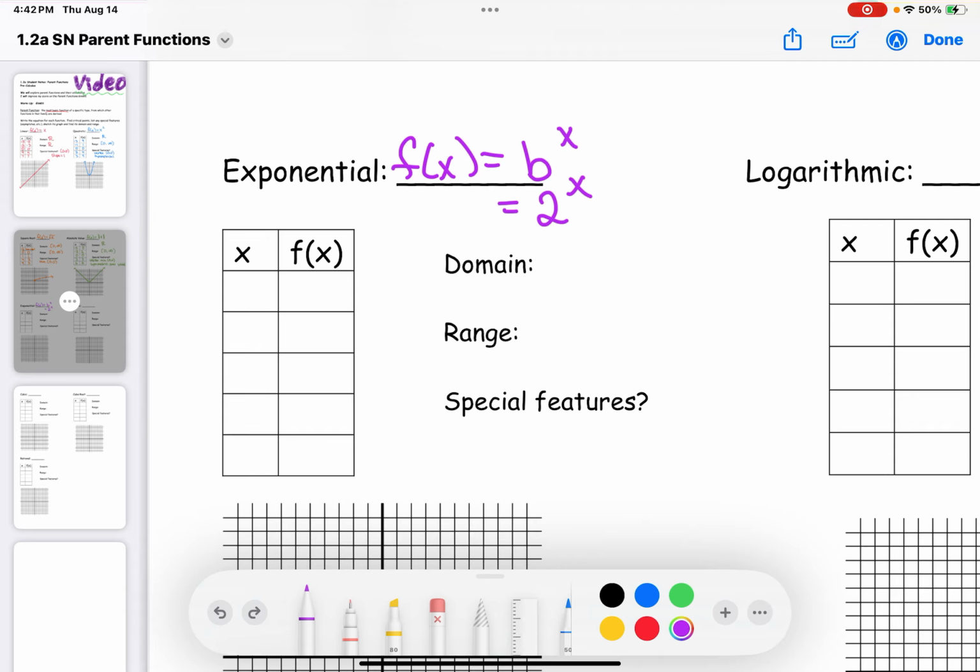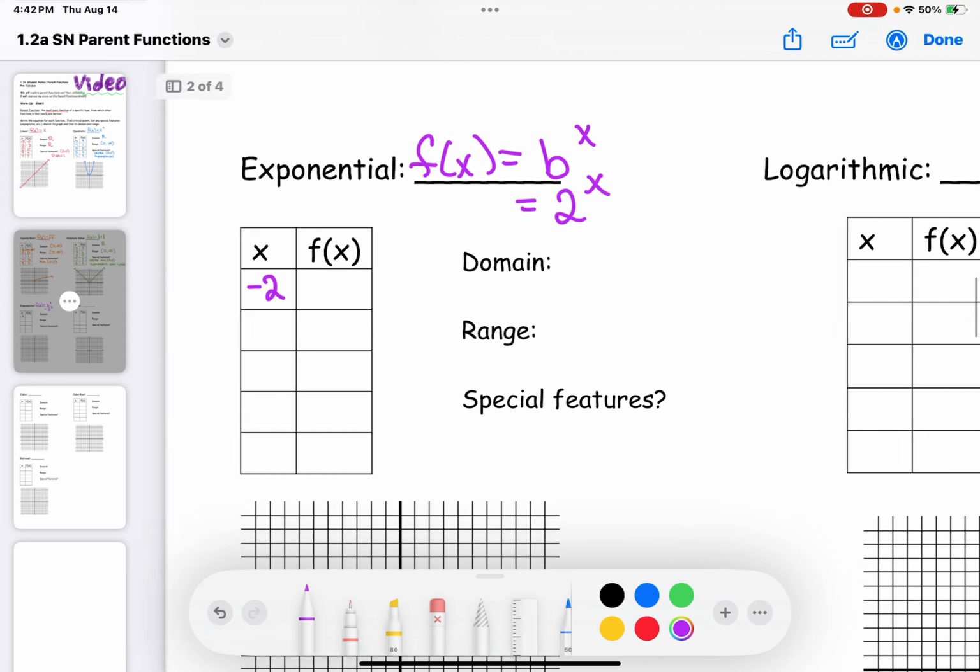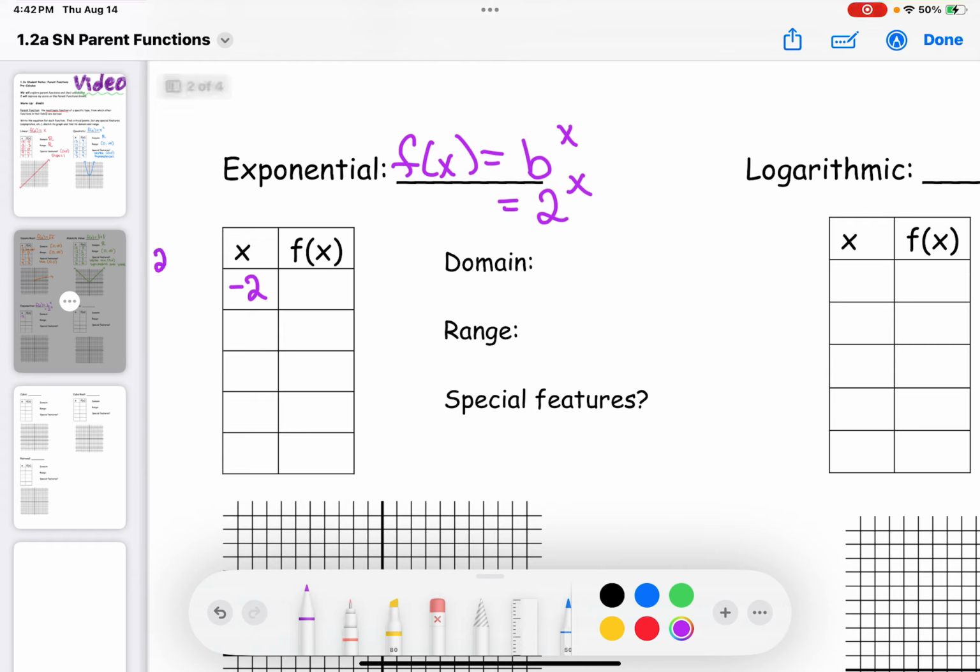So if we think about negative values, if x is negative 2, 2 to the power of negative 2 is 1 over 2 to the positive 2, so that's 1 over 4.